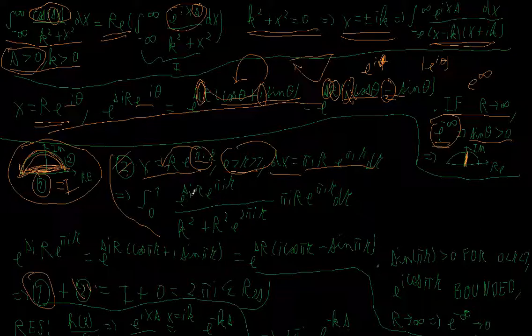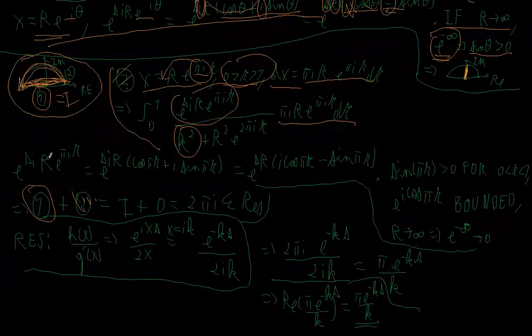Here we have e to the s i r e to the pi i t. Okay, this is because basically this exponent here is the same as here. It's just that, as said, instead of x, we now have r e to the pi i t, and instead of this dx here, we have this pi i r e to the pi i t dt. Okay. And so the denominator, the k doesn't change, but instead of x squared here, we have r squared e to the 2 pi i t, okay?